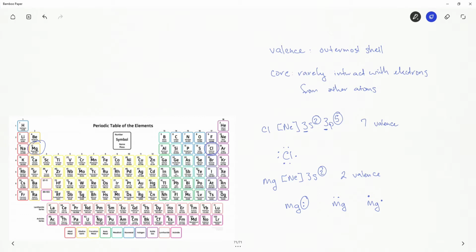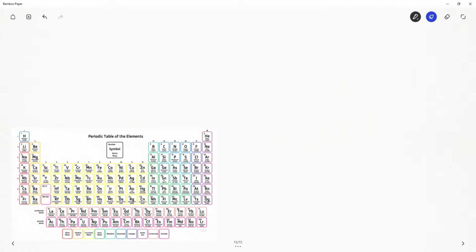Okay, let's clear this page and let's do some more examples. Let's take a look at selenium. Again, I'm going to start with the electron configuration. That will be argon, 4s2, 3d10, 4p4. Again, for the valence, what I'm looking at is the largest number in front of the orbital.